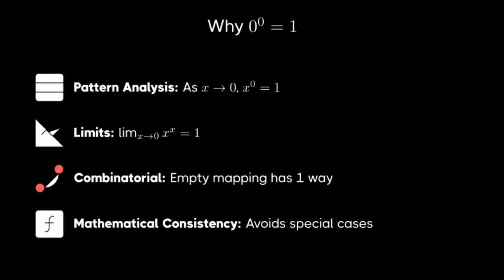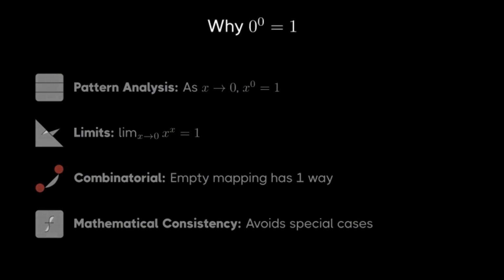All these different mathematical perspectives, pattern analysis, limits, combinatorial reasoning, and the need for consistency independently point to the same conclusion. Defining 0 to the power of 0 as 1 makes the most mathematical sense.